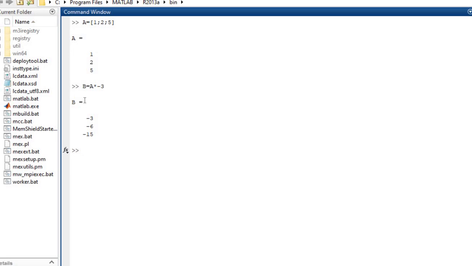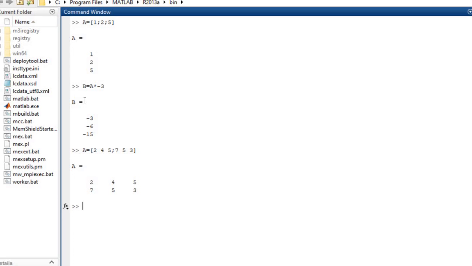I understand. The next thing, I create another matrix A equal to 2, 4, 5, 7, 5, 3. So what is the 2 by 2 matrix?